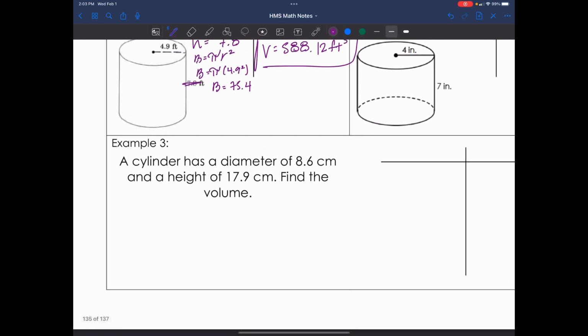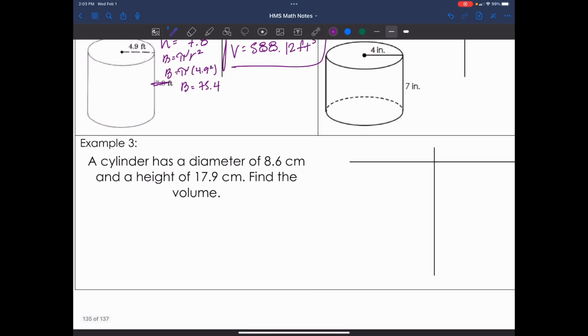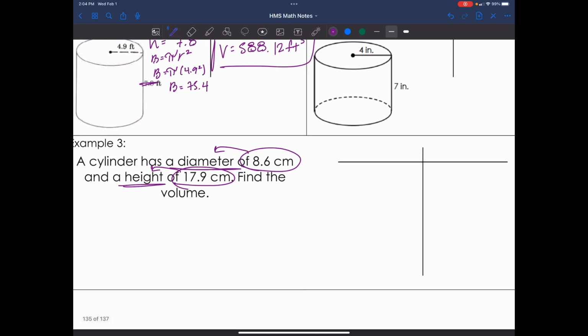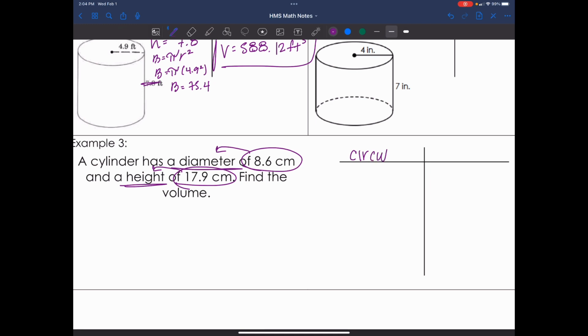Example 3. A cylinder has a diameter of 8.6 centimeters and a height of 17.9 centimeters. Find the volume. That's pretty straightforward. Let me cube it. I have 8.6 centimeters, which is my diameter, and 17.9, which is my height. So I know I'm dealing with a cylinder, which is a circular prism.